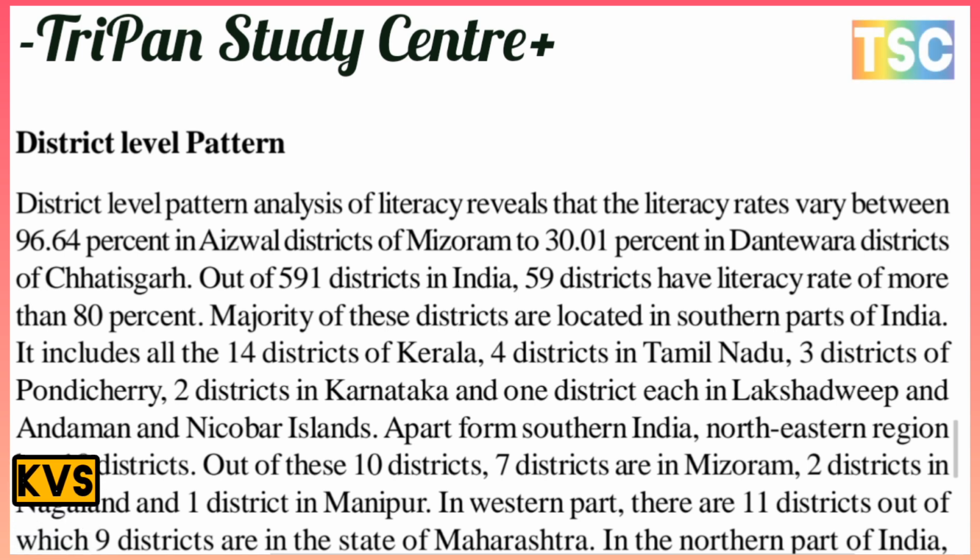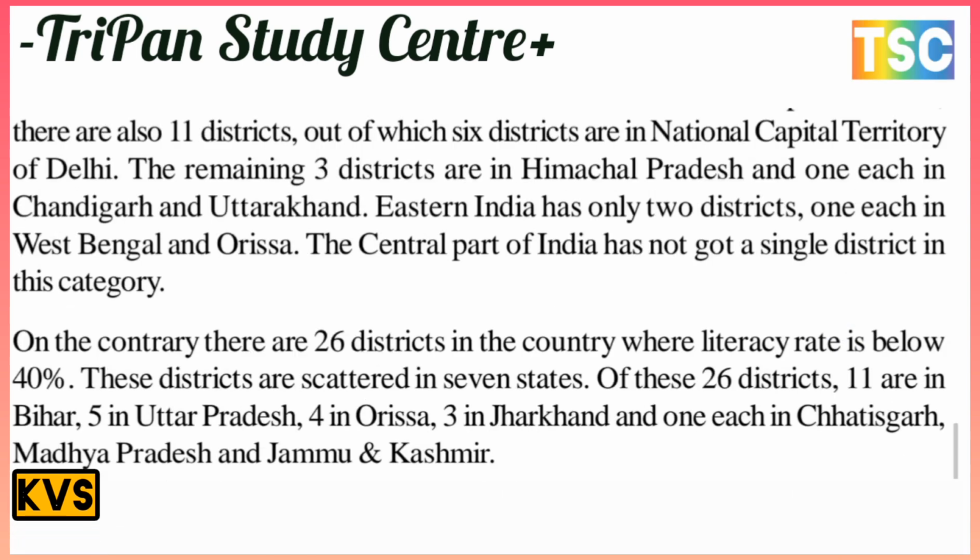In the northern part of India there are also 11 districts, of which 6 are in the National Capital Territory of Delhi. The remaining 3 districts are in Himachal Pradesh, and 1 each in Chandigarh and Uttarakhand. Eastern India has only 2 districts, 1 each in West Bengal and Orissa. The central part of India does not have a single district in this category.